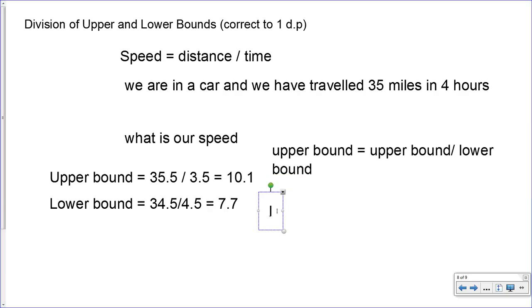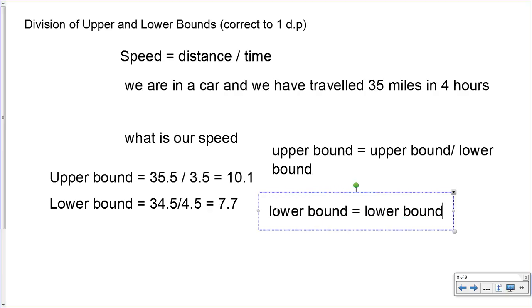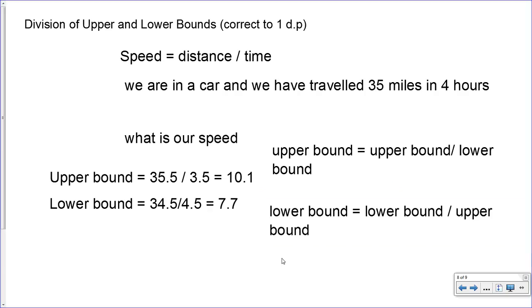If we want to find the lower bound, we need to do the lower bound divided by the upper bound. And that will always give you your answer.